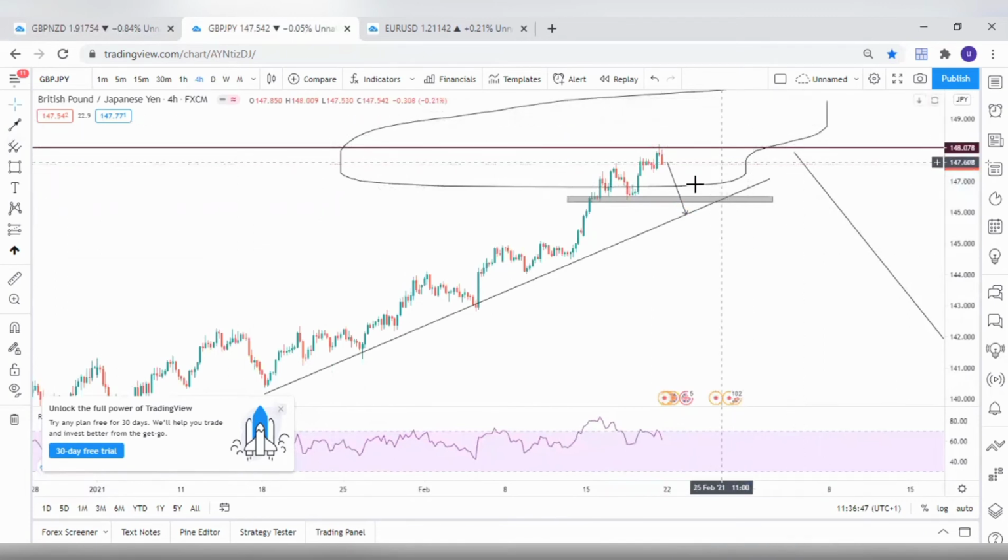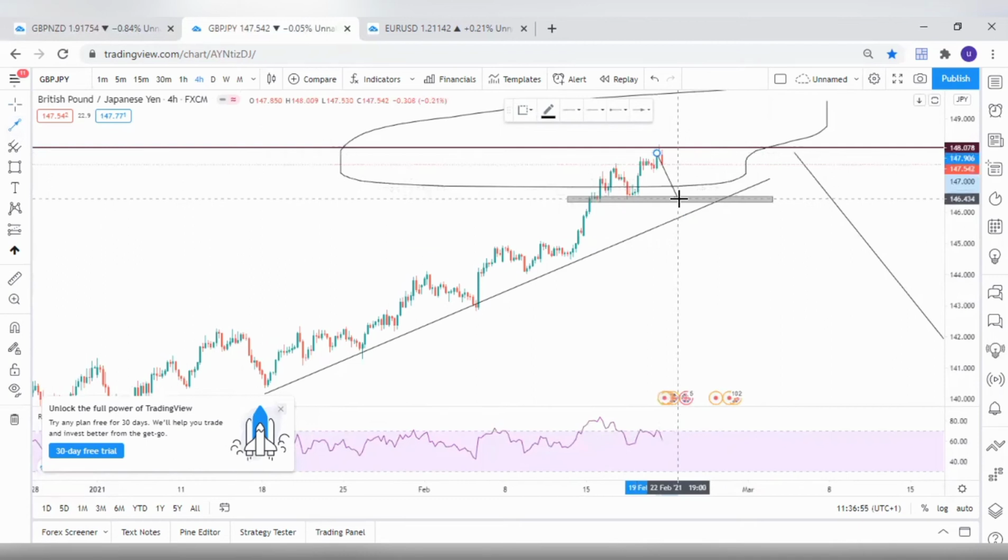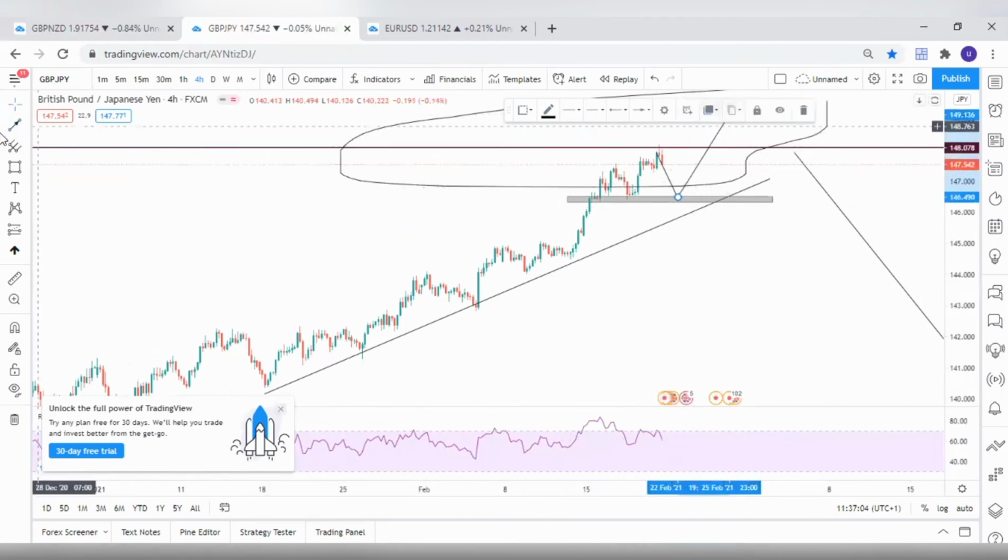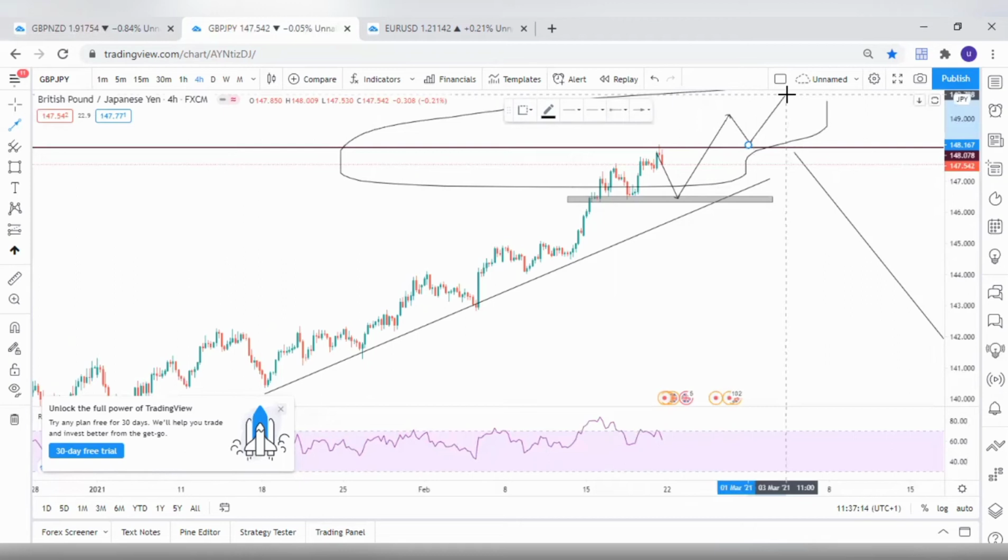The second scenario is that price might come to this mini support zone. Once it gets here, it might continue to the upside and break this resistance, retest, and still continue to the upside. These are the two scenarios we are expecting in this coming week.